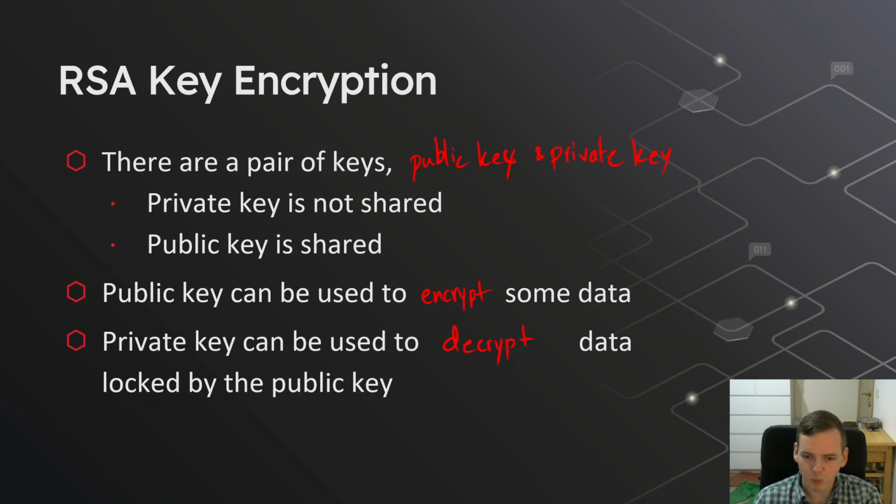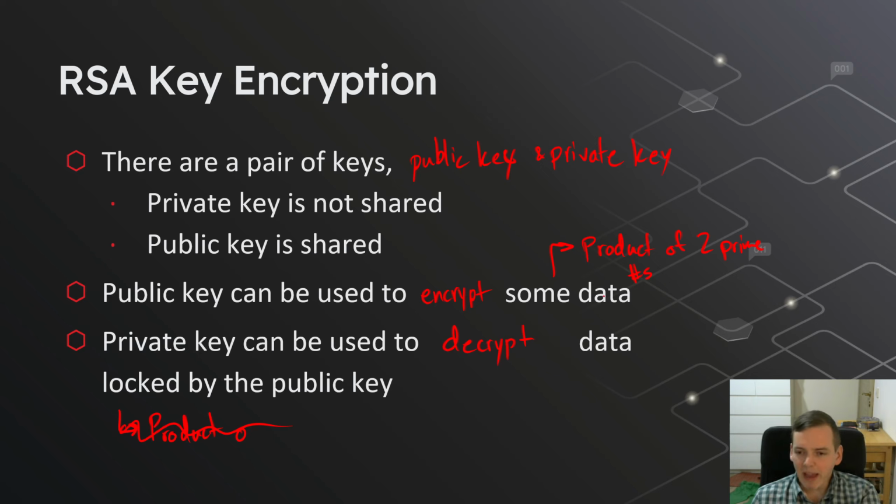I talked about this briefly before, but the idea is public keys are always the product of two prime numbers.